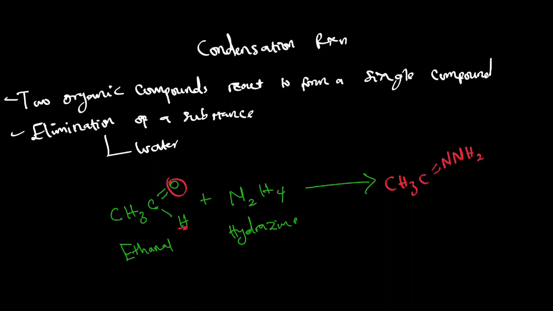So what is left? Since one hydrogen is here, and one oxygen is here, and two hydrogens are here, it simply means that water was liberated. Water was liberated. Please take note of it.